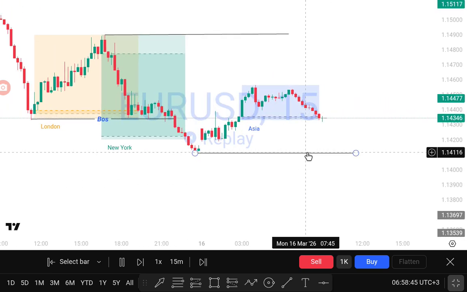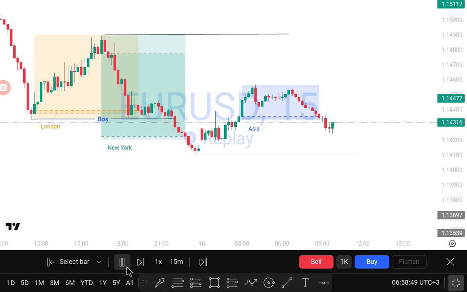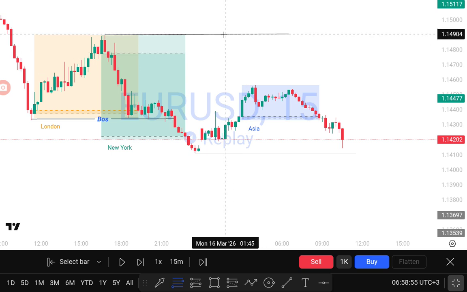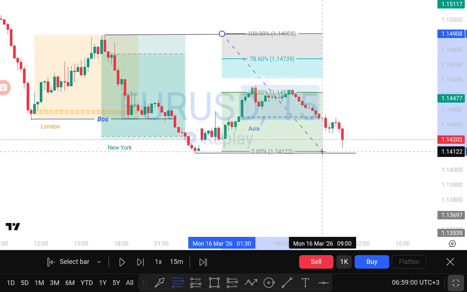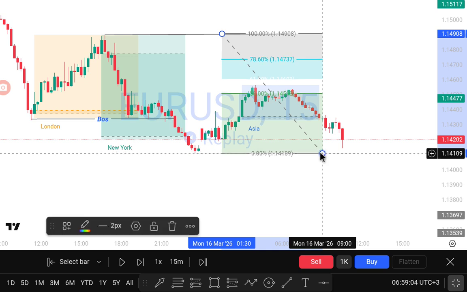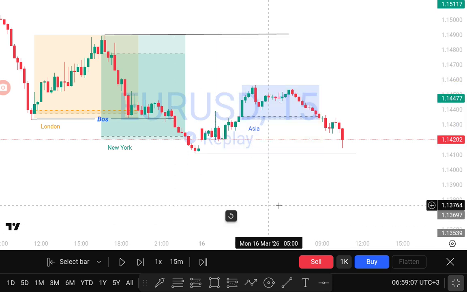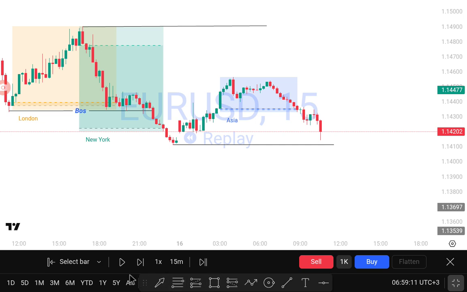Then we mark this as a valid breakout of structure. Now let's see, price is likely to dump, but has it reached our 50%? Let me measure, because I can't tell by eyes. Yes, price has reached our 50% here. So if we break this, it's gonna be a valid break of structure, not a fake one.